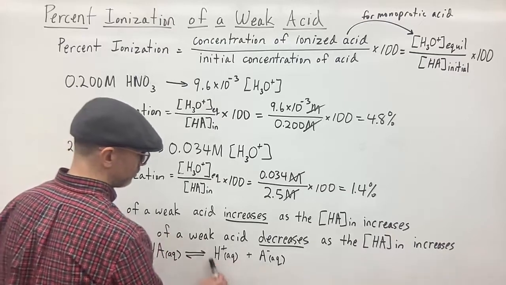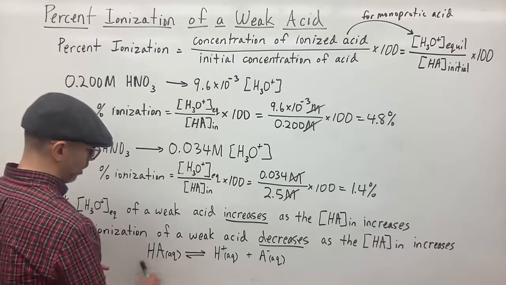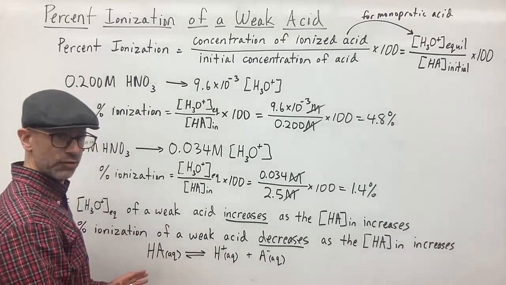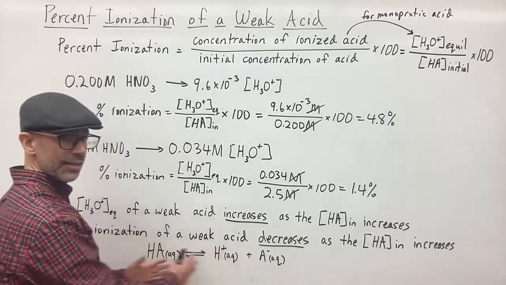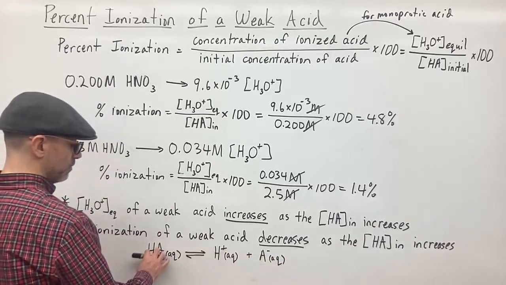I have 2 particles on this side and 1 particle on this side, and if I increase the amount of particles in solution, it's going to shift towards the side that has fewer particles. So it's going to shift in this way.